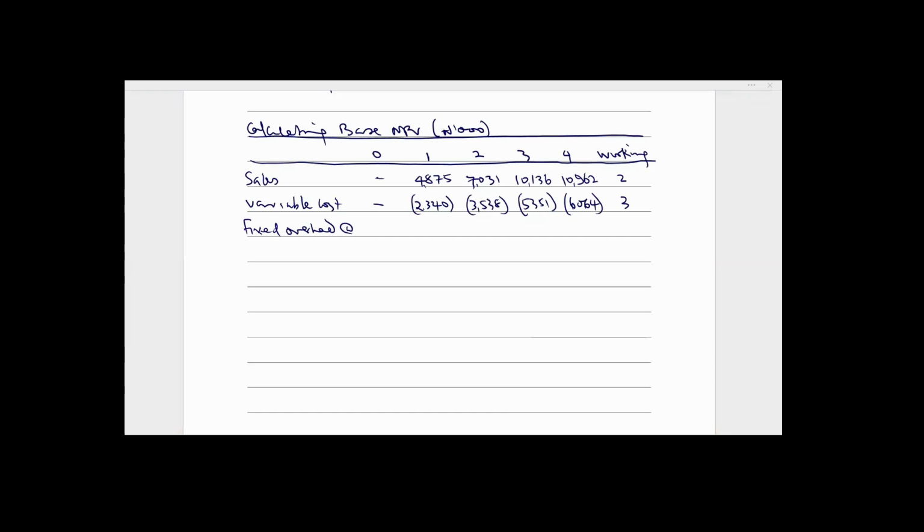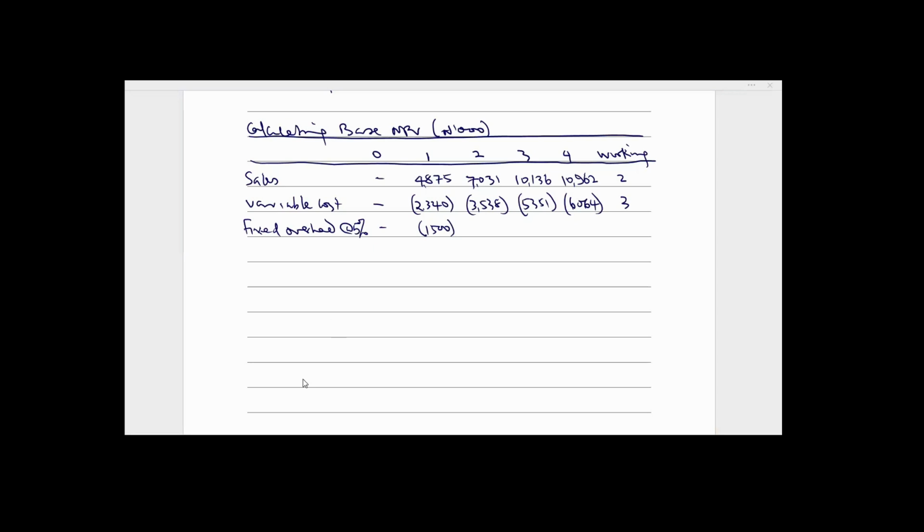The first year fixed overhead is 1,500. So 1,500 multiplied by 1.05.